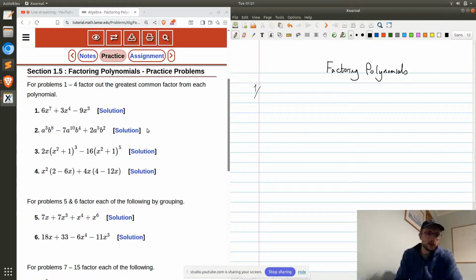All right, in these first few problems here, it looks to be quite simple. Just factor out x cubed, and we'll have 6x to the 4 plus 3x minus 9.